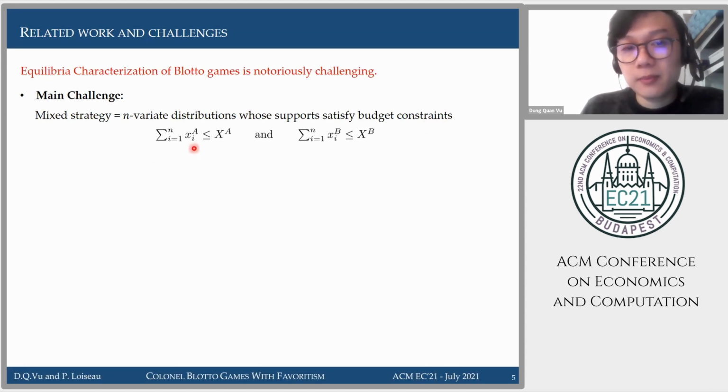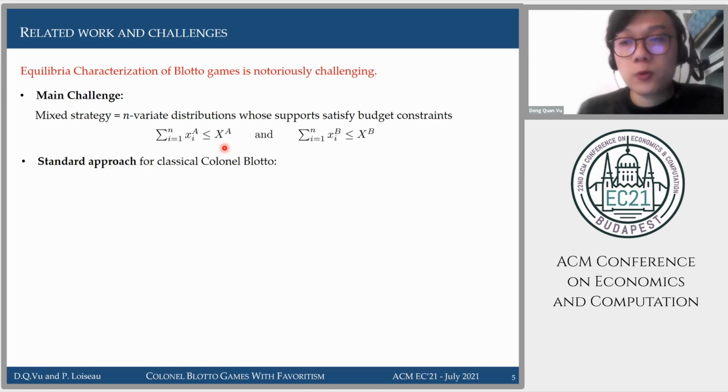The budget constraint means that the summation of your allocation cannot exceed your budget. It is this budget constraint that creates a link between the allocations in different battlefields. So if you want to do optimally in one battlefield, you might end up having no more resources to allocate to other battlefields. So it's a trade-off between allocations.